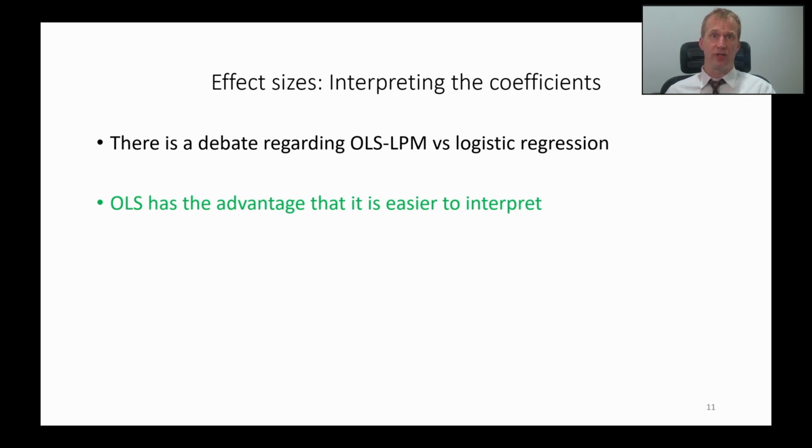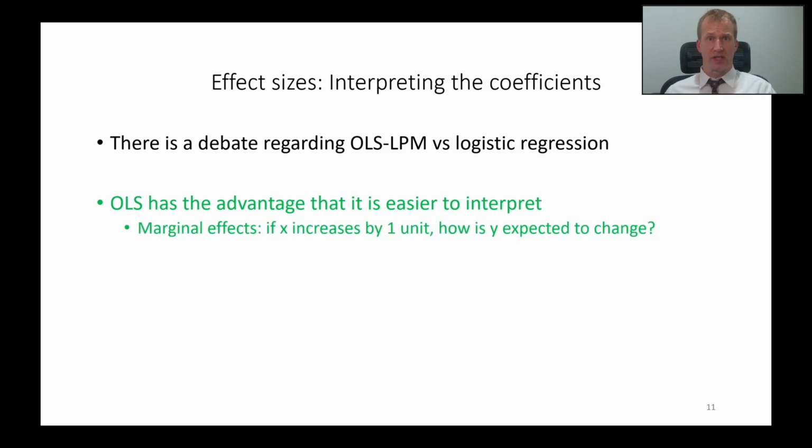If x increases by 1 unit, how is y expected to change? A drawback of OLS is that it can potentially generate nonsense predictions, such as negative probabilities or probabilities above 100%. But if we are not too bothered about these cases where OLS can sometimes generate nonsense predictions, then we might prefer to keep using OLS because it's easier to interpret.